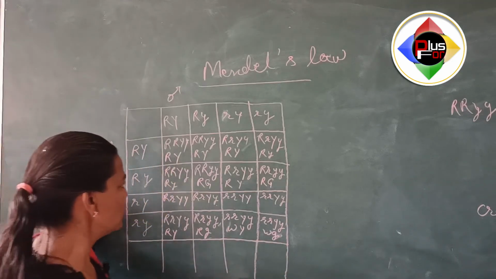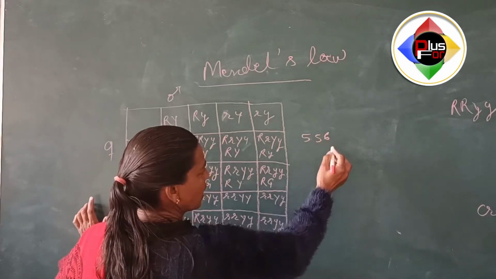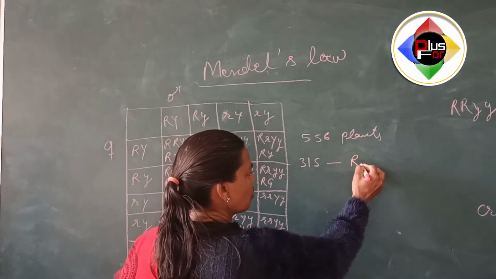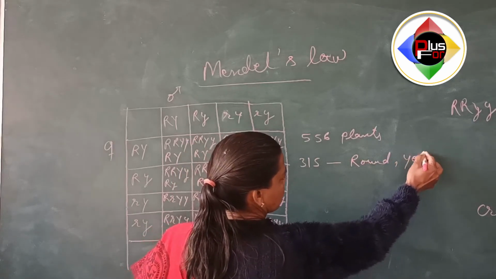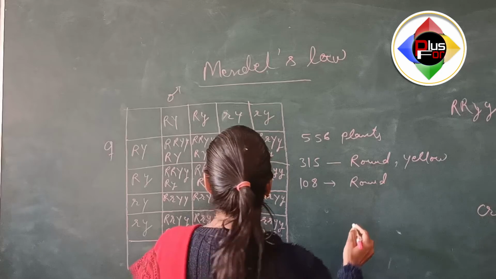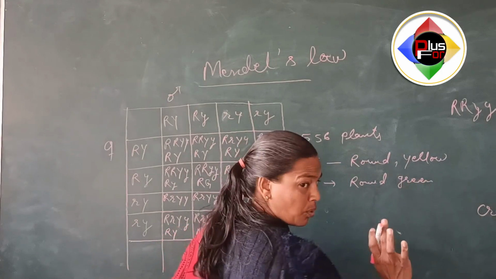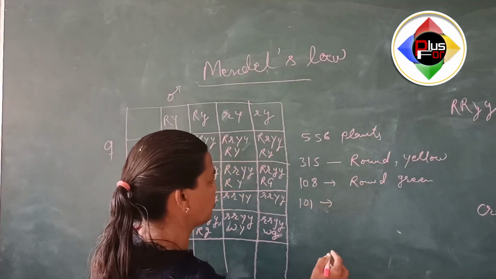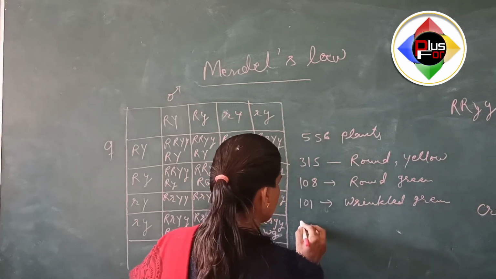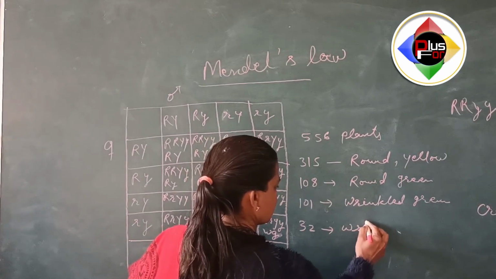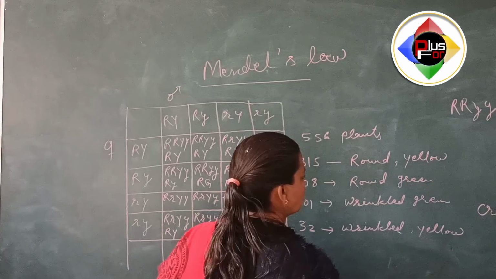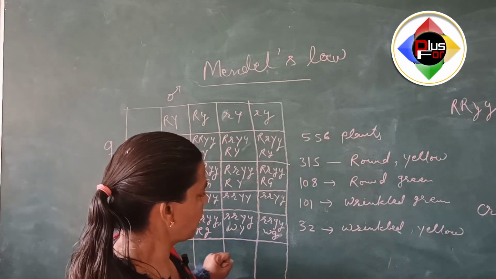From this table, we can conclude that Mendel got 556 plants in all: 315 round yellow, 108 round green, 101 wrinkled yellow, and 32 wrinkled green.